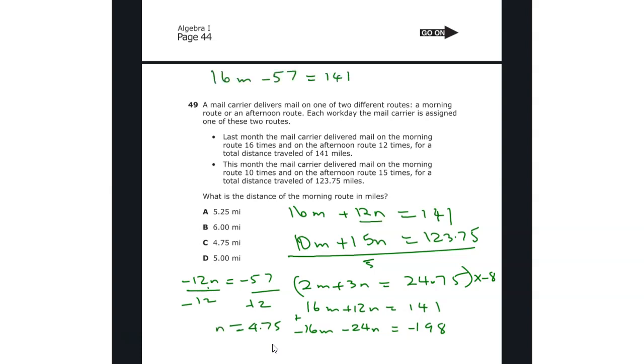So 16m is equal to, so negative 12n is negative 57, so 12n is going to be positive 57. So 16m equal to 84. Divide both sides by 16. So m is 5.25. So that's the number of miles for the morning, for each morning delivery.